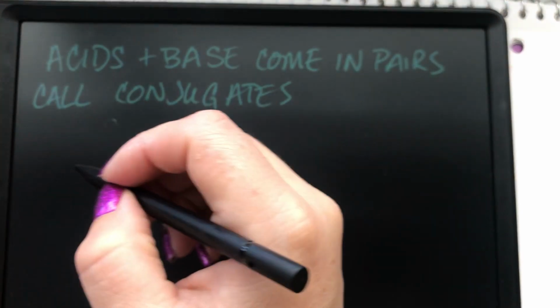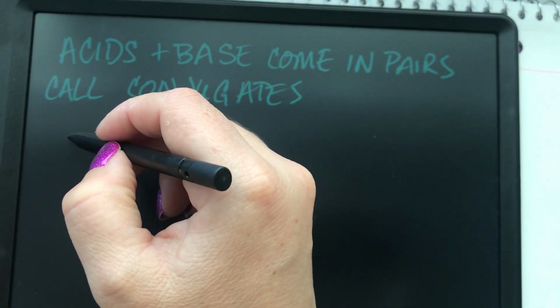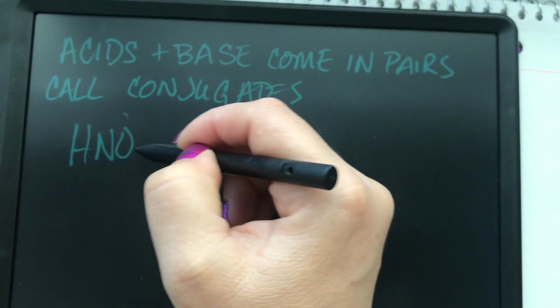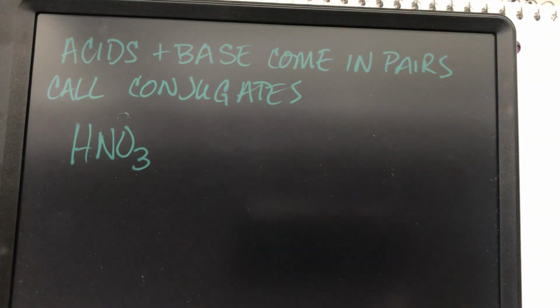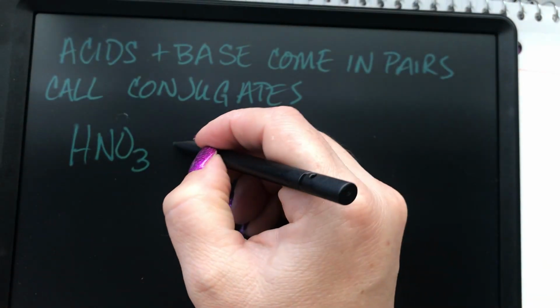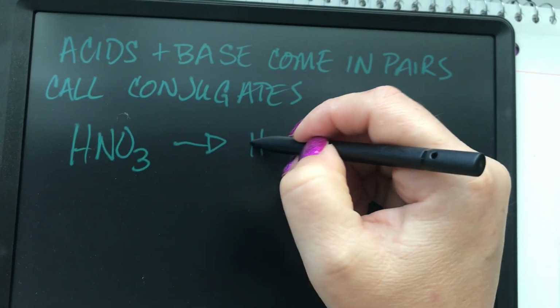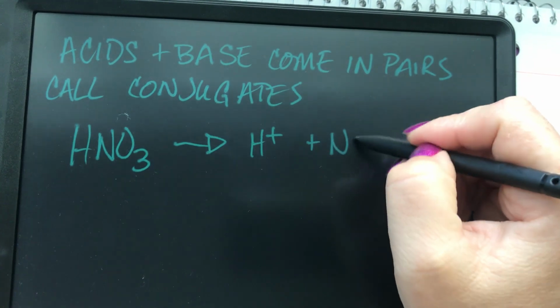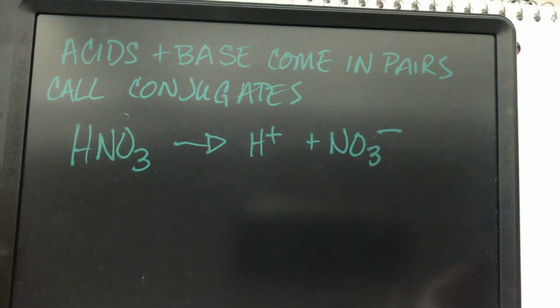Okay, so when we're talking about an acid, let's say we're talking about this one. Is that a strong or a weak acid? Strong. Anybody remember its name? Nitric acid, right? So when nitric acid dissociates, we get H plus and NO3 minus.